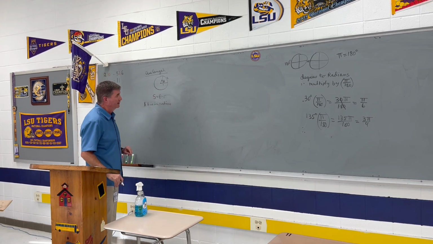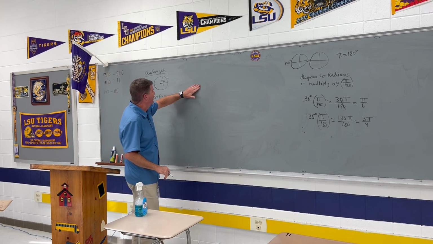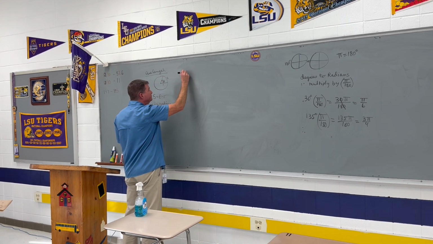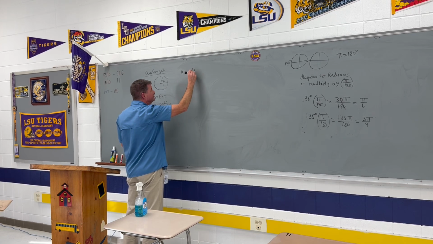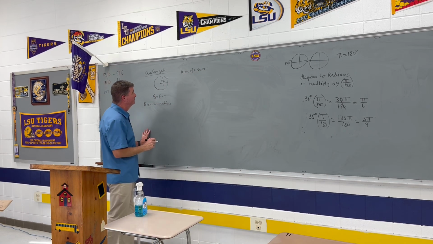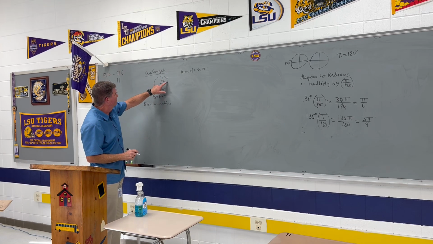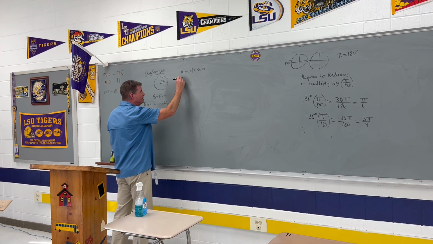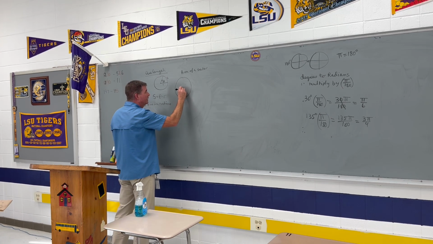That's the first formula. The second formula that we have is going to be the area of a sector. This part right here that looks like a little piece of pizza is a sector. So we're going to find the area of the sector.